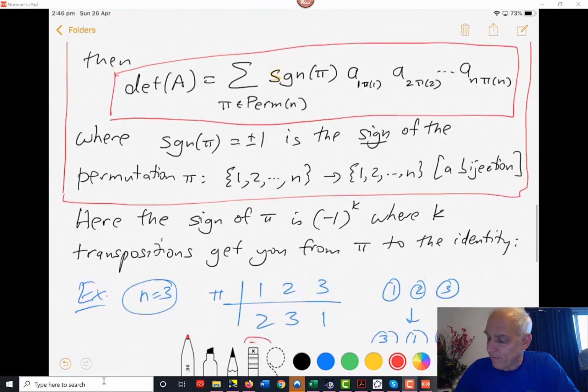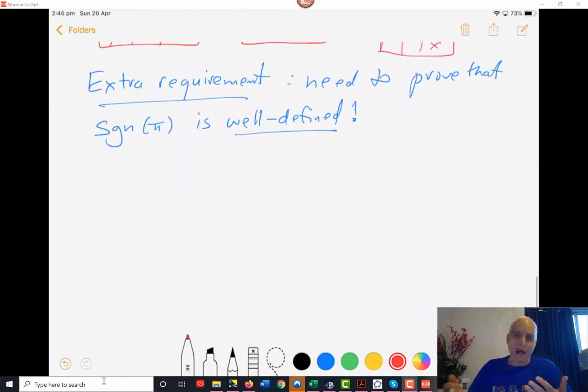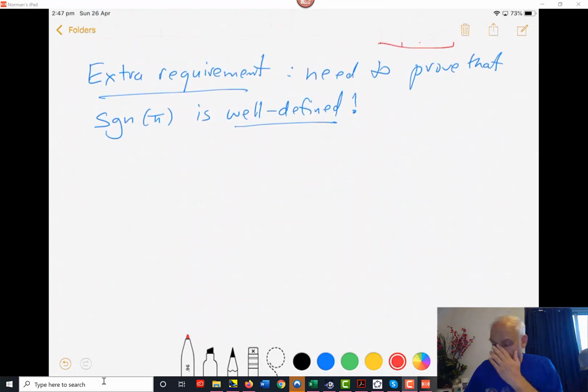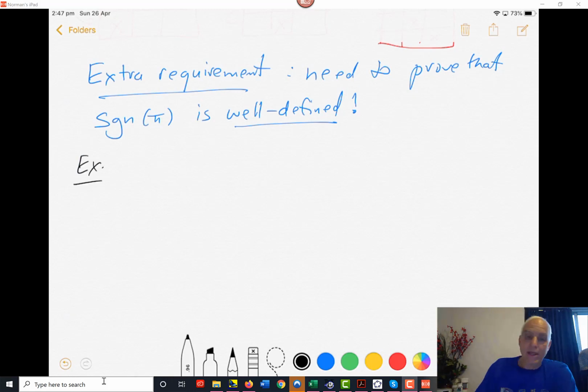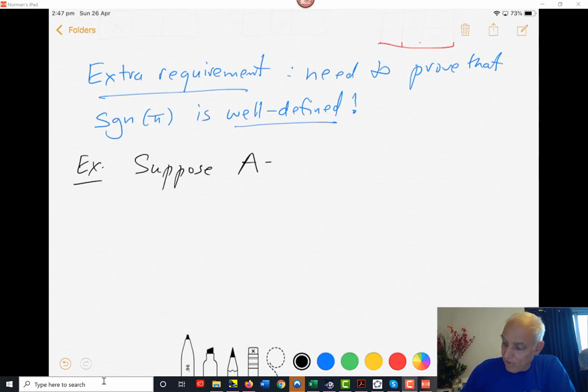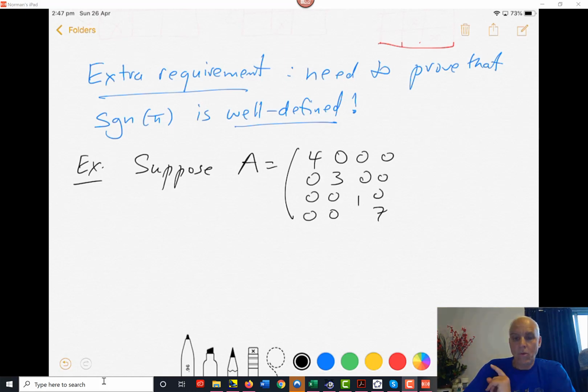Okay, what are some consequences of this in terms of calculating determinants? Well, let's say we have a diagonal matrix. Suppose A is the diagonal matrix with 4, 3, 1, 7, and otherwise all zeros. It happens to be a 4 by 4. What is its determinant going to be?